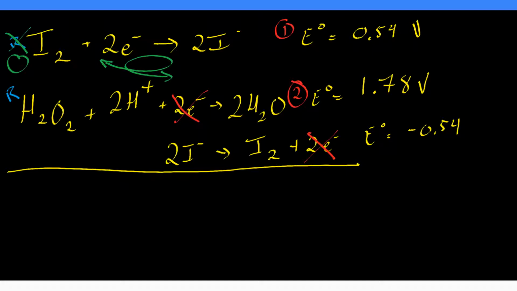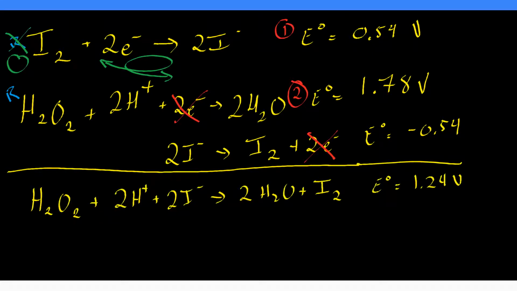And this example happens to be nice and simple in that the electrons are the same, so that saves us a little bit of multiplication. But even so, if there had been hydrogen or water on both sides, anything like that, then those would have been canceled out as well. So once you're done canceling, easy enough in this case, you add them together.